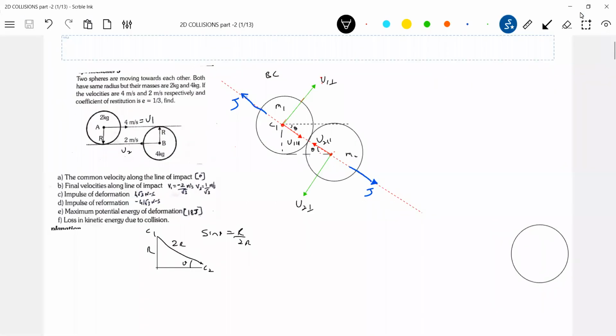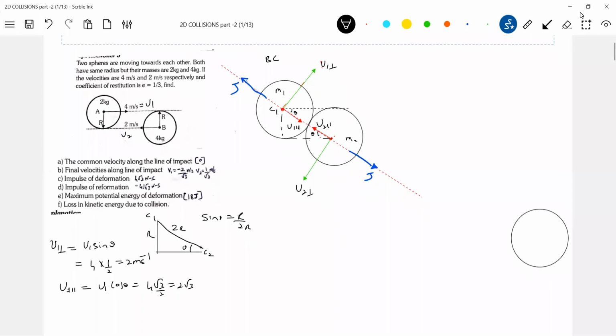Let's proceed. Let's write down all the values. u1 perpendicular should be equal to u1 sine theta. u1 is 4, sine 30 is 1 by 2, so 2 meter per second. u1 parallel should be equal to u1 cos theta. u1 is 4, root 3 by 2, so 2 root 3.